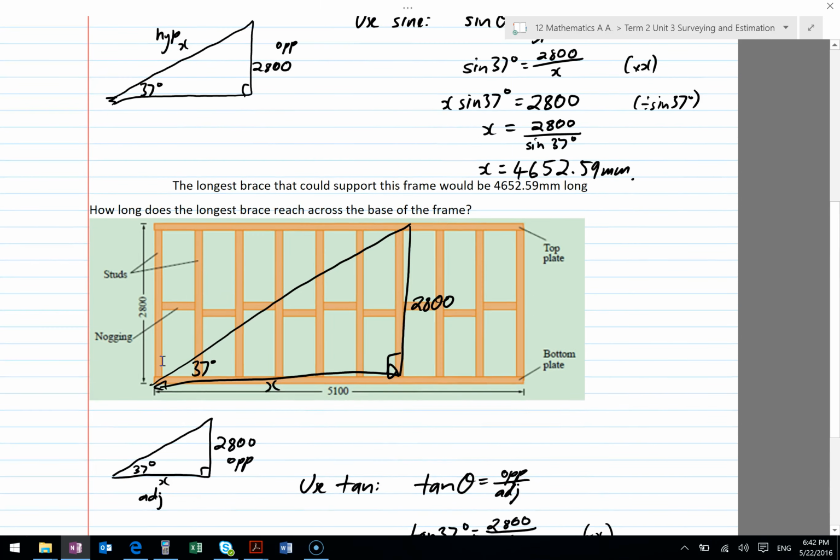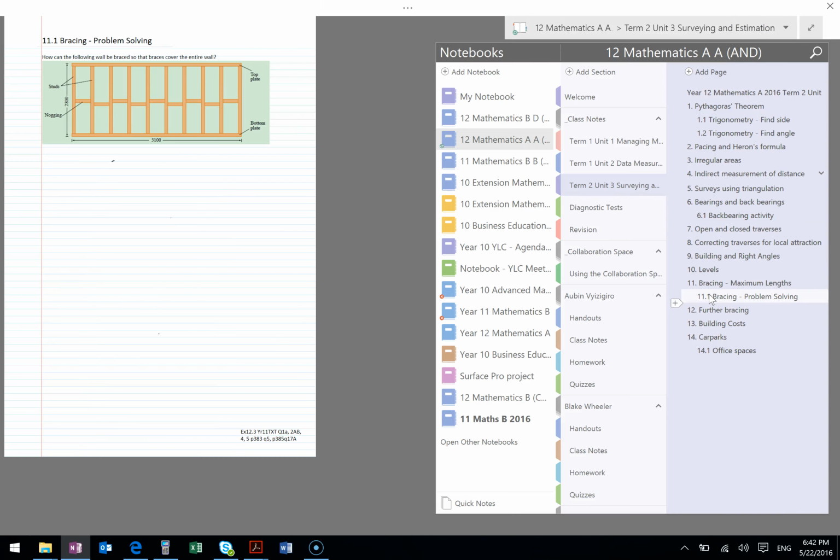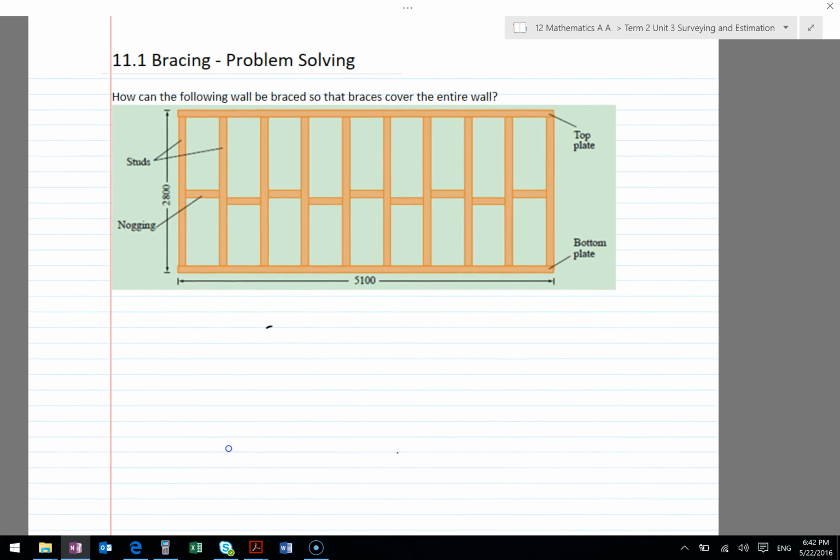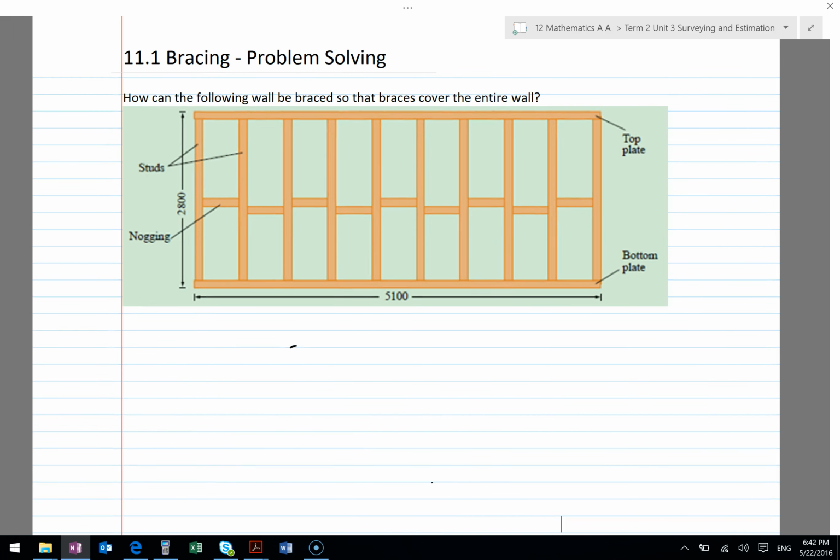All good. So there's two problems that we've had a look at already. Turn the page. How could the following wall be braced so that the braces cover the entire wall? So heaps of different ways we could brace this wall. Probably the way that we'd prefer to brace it would be something like this, so that we meet halfway in the middle.